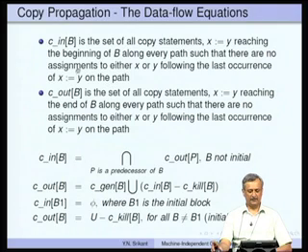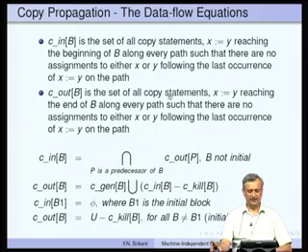So, you are looking at intersection, of course. You have to look at all paths leading to that basic block. The copy must come to the basic block along all paths, that is why the intersection, and along such paths there should be no assignments to either x or y. If there were, then we would have eliminated such copies from the set C in B.